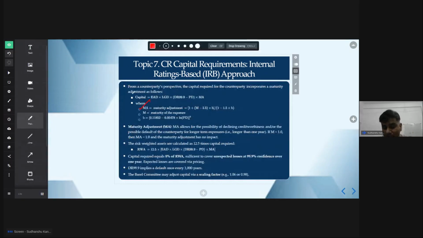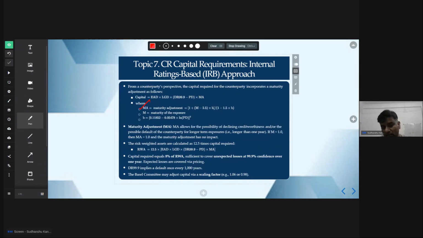MA scales capital upward for longer term exposure. Then the formula: if maturity is 1 year, M is equal to 1. For longer maturity, MA is greater than 1. This aligns capital with your credit migration over time.